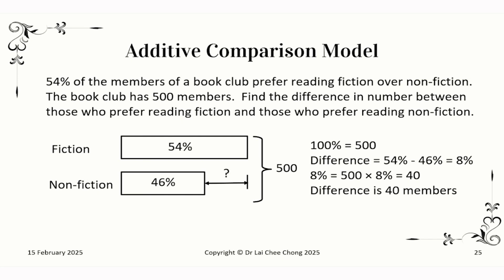That is the key point. Still a part and whole as fractions, except in the case of a fraction, the whole may be 3 parts or 4 parts or 5 parts. But the percentage is 100 parts. That's the only difference. And we give it a name, we call this kind of fraction percentage, that's all. So therefore, I know that the difference must be 8%. I can work in this manner there.